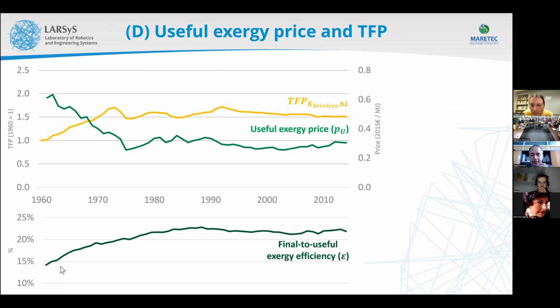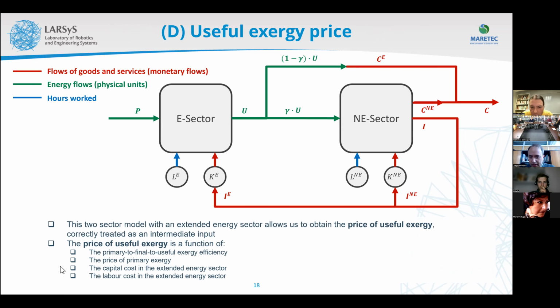And one of the things that comes out of this is that we're capable of extracting the price of useful exergy, which is a completely new measure, because up to now you only have prices of primary energy and of final energy. No one up to now has been able to calculate the price at the useful stage.